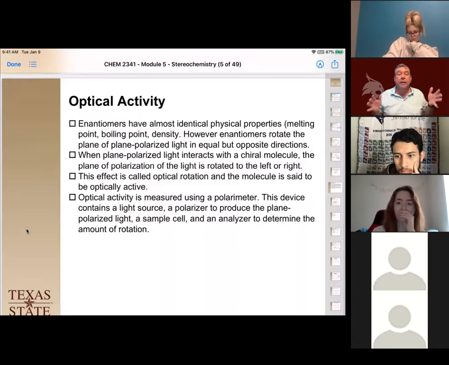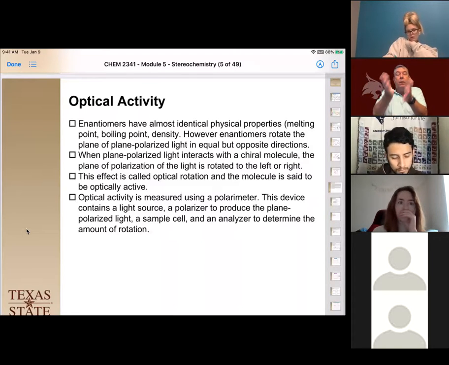So most light, as it comes out of a light bulb or whatever, light is a wave. So it has a directionality to it that's going in one axis, okay? But when it comes out of the light, they're all going in all the different directions, because there's no reason for them to be aligned.